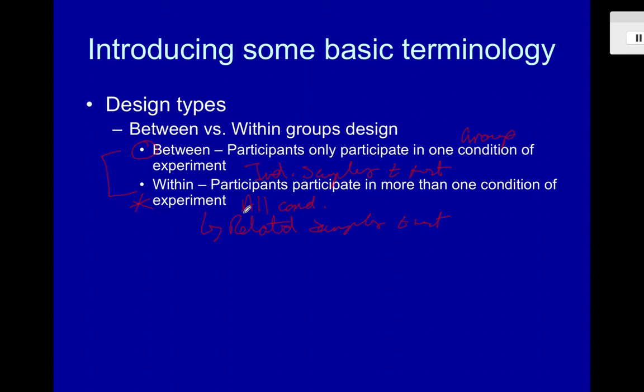So in our particular case, if we're comparing males and females on motivation, I need a between groups design and I'm going to use an independent samples t-test. I'm never going to use a within groups design and a related samples t-test because that's unnecessary.